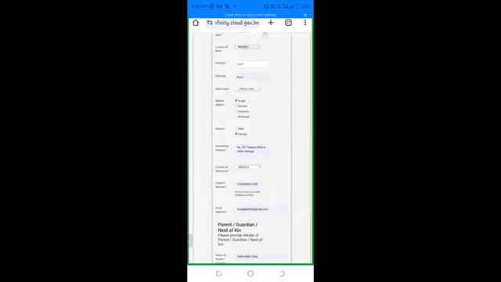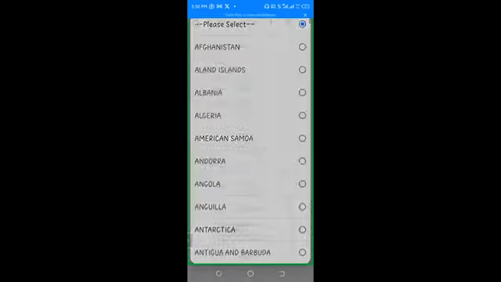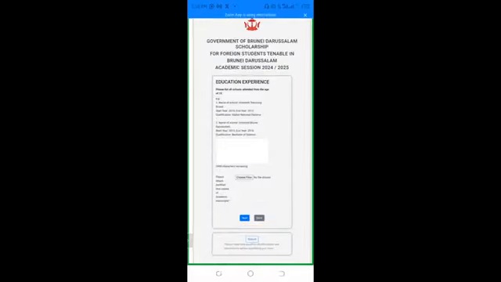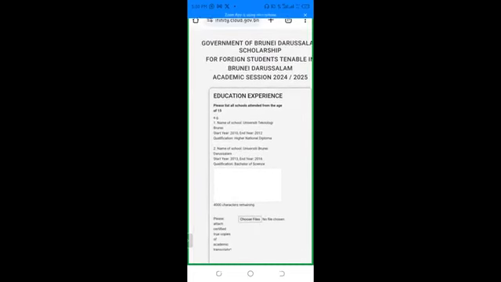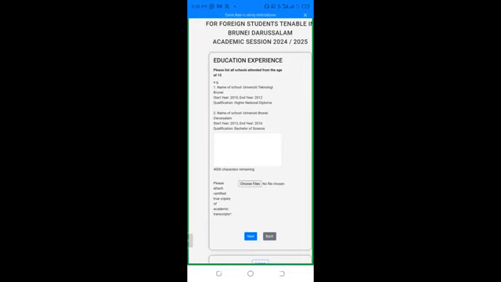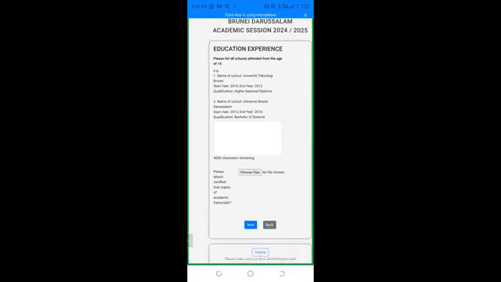Okay, nationality. Let's see, Algeria. And then next. Now it has taken me to a different page, education experience. So name of school, what I choose actually, and then name of the second school I chose, Universiti Brunei Darussalam.